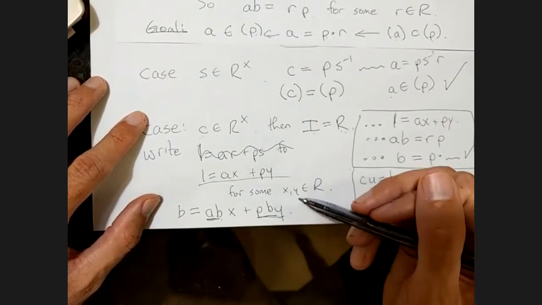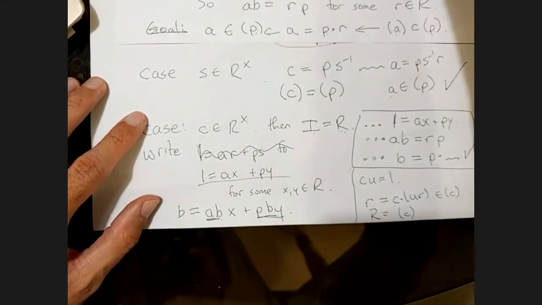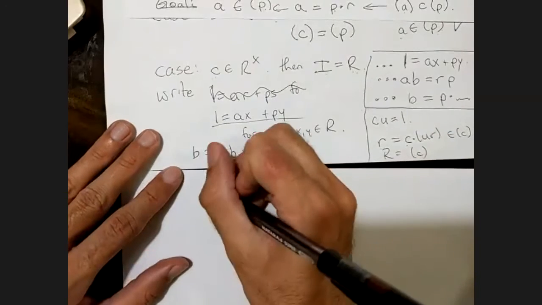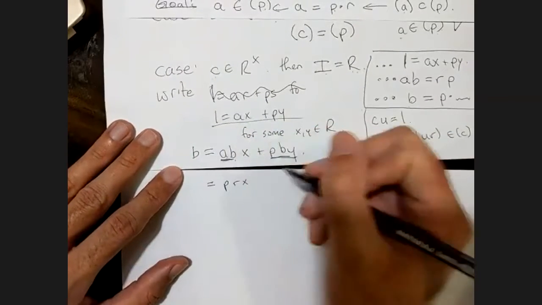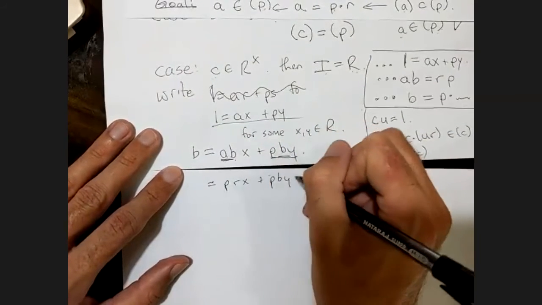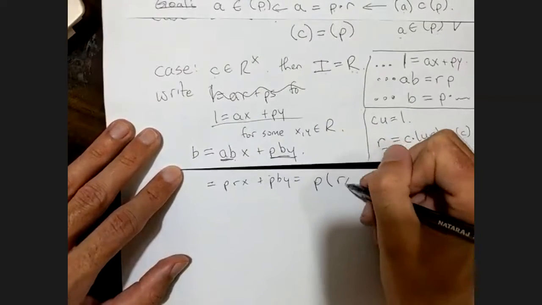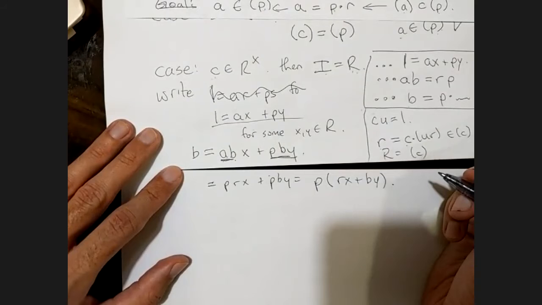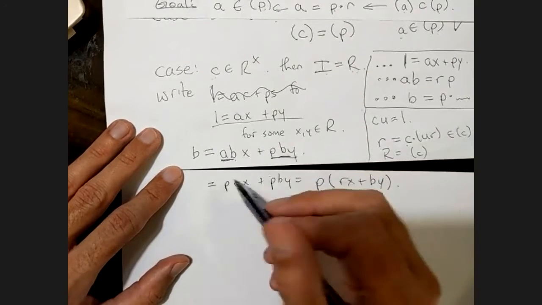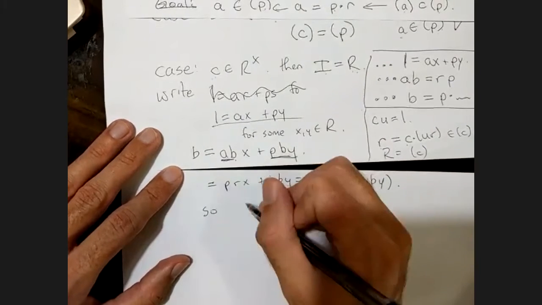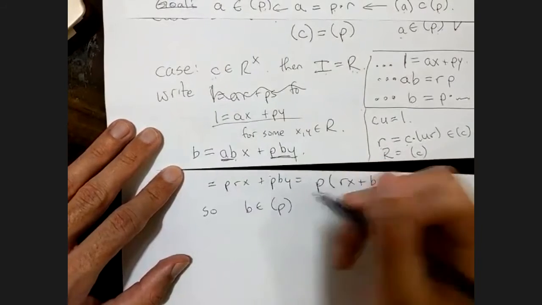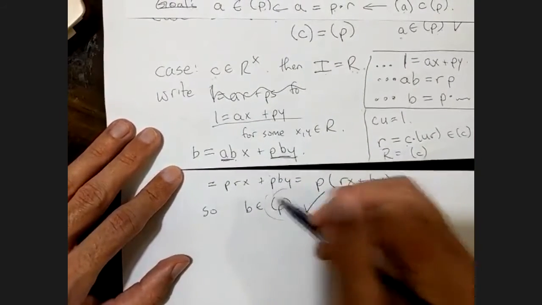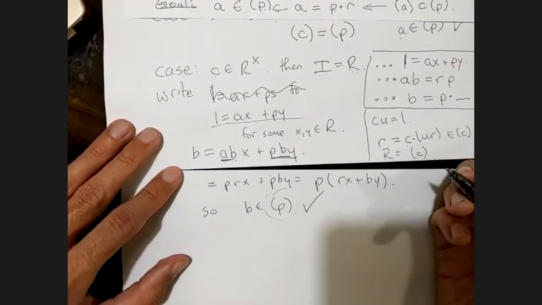And this is clearly a multiple of P, it's P times something. So let's rewrite everything. B is just P times RX plus P times BY. In other words, it's P times (RX plus BY). In other words, B is a multiple of P. That's the other conclusion we wanted to reach. We wanted to prove either A or B was in this ideal, and we have now done that.